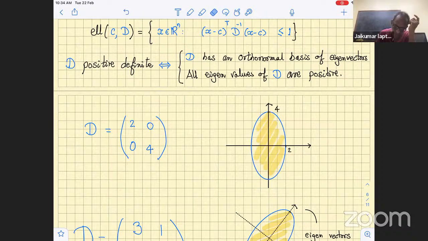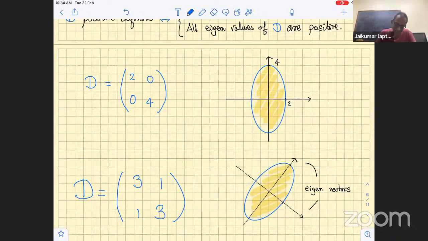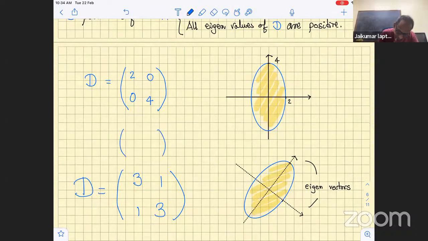Okay, so let me just tell you, I have made a mistake. You have to take the square root of these numbers. Should we do it again? Yeah. Suppose you ask for D inverse, which is half, 1/4.